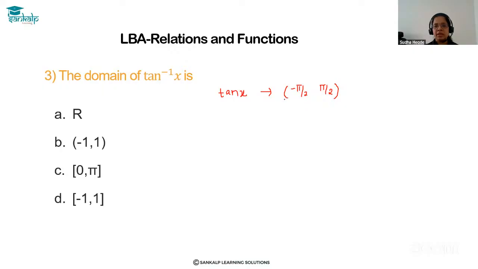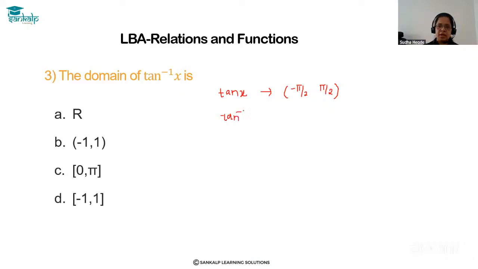Therefore, we are taking the open interval minus pi by 2 to pi by 2. To be bijective, we have to restrict the domain of tan x. Accordingly, we got the range as the open interval minus pi by 2 to pi by 2. The range of tan x is the domain of tan inverse x.